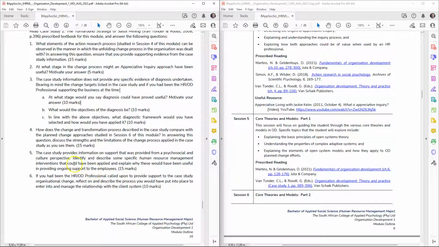Then the case study provides question 5, also 15 marks. The case study provides information on support that was provided from a psychosocial and culture perspective. And then what question 5 wants you to do is to identify and describe some specific human resource management interventions that could have been applied and explain why these would have been useful in providing ongoing support to the employees.